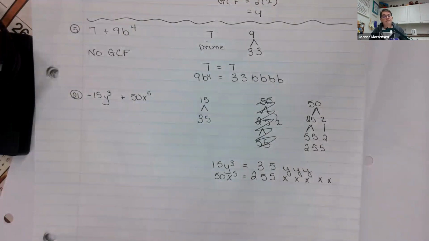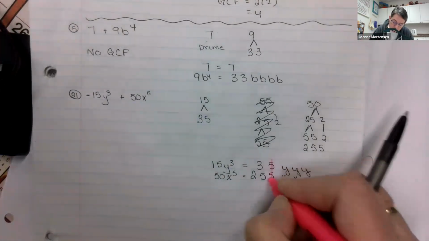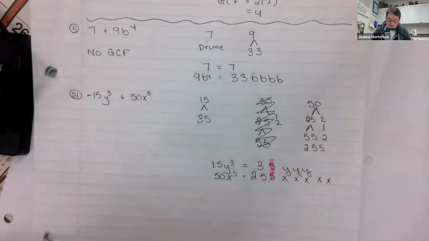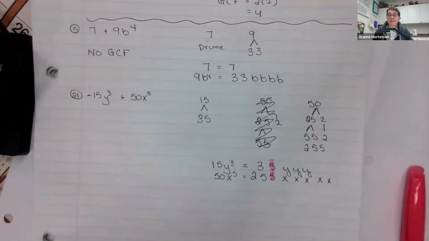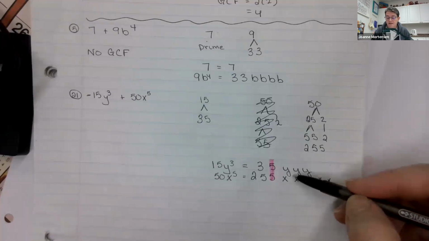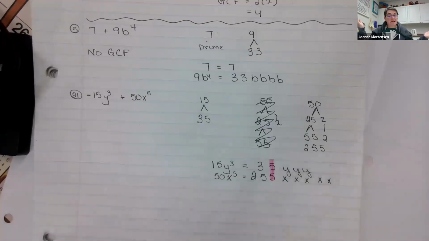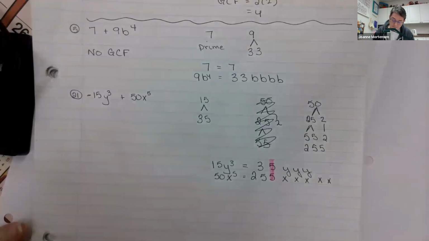Okie dokie. So take a look. What should I highlight? We'll be yelling at the screen, it's the 5, Joanne. Yes. There is my greatest common factor. That was an awful lot of work for all 5. Notice, because these are x's and y's, it is what it is, just leave them alone.